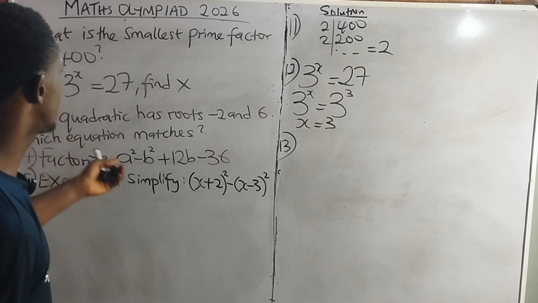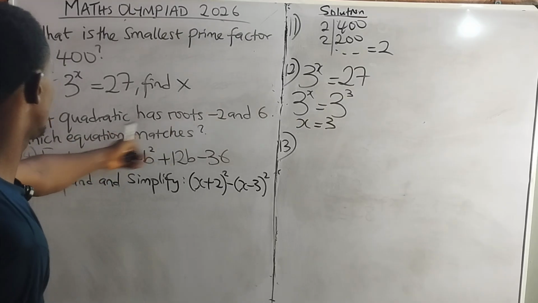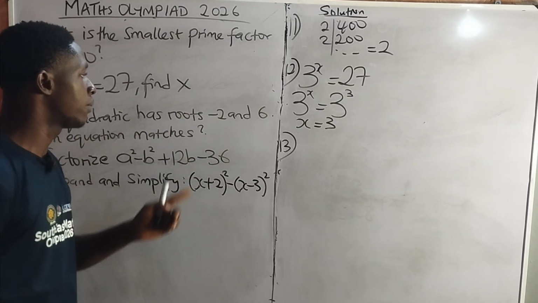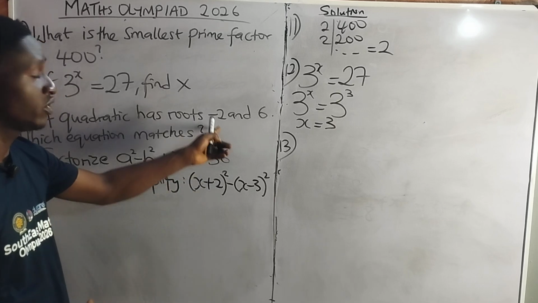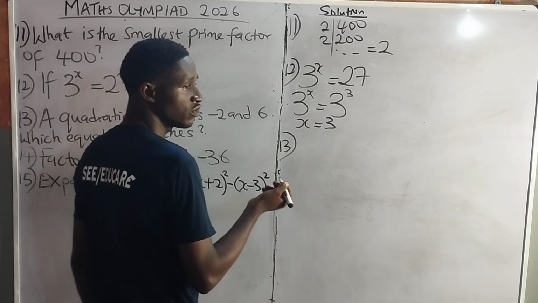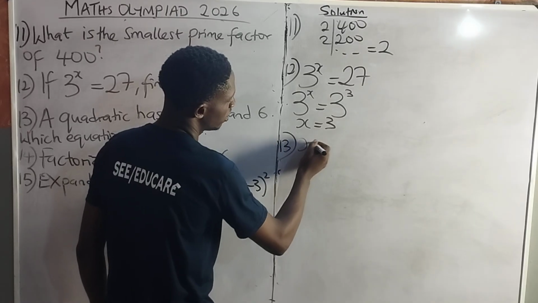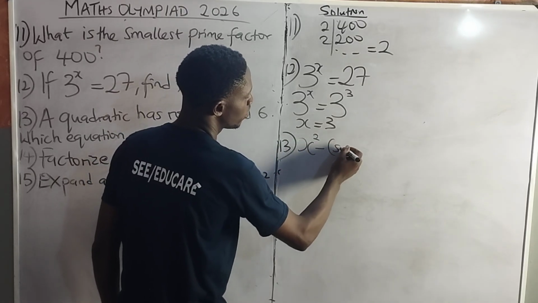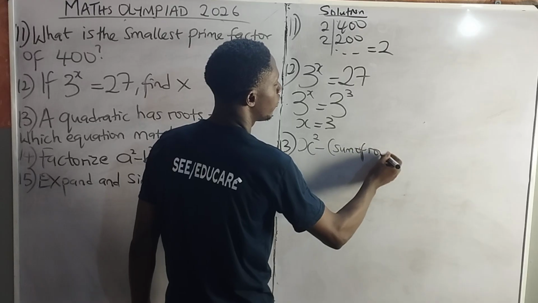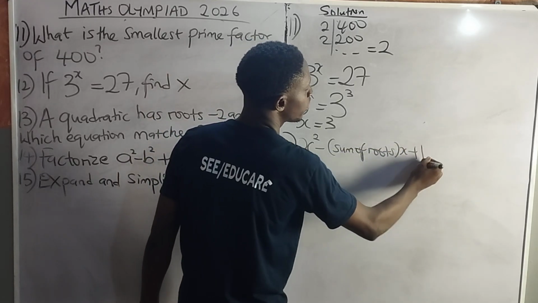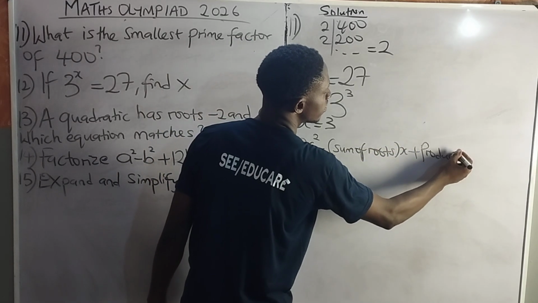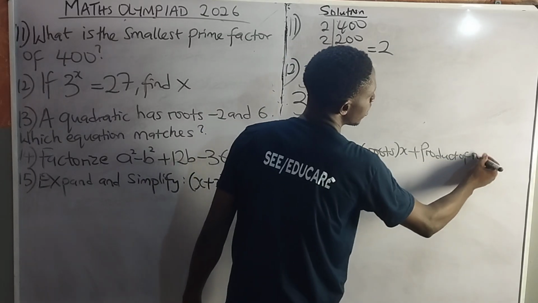We have a quadratic that has roots -2 and 6. Which equation matches this? I didn't write the options, but let me show you how to solve it. You can use two methods. You can use x squared minus the sum of roots x plus the product of roots is equal to 0. This is the one that is very fast.